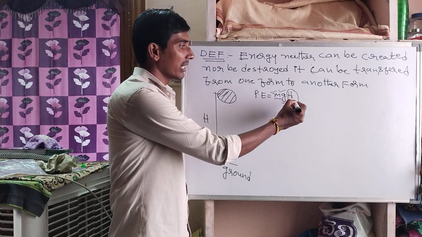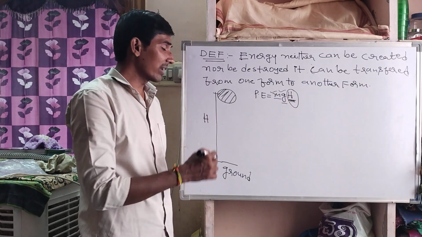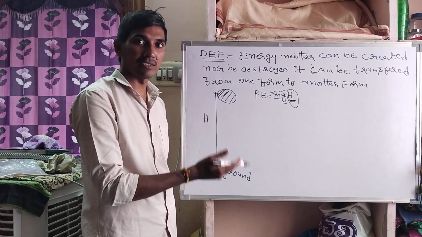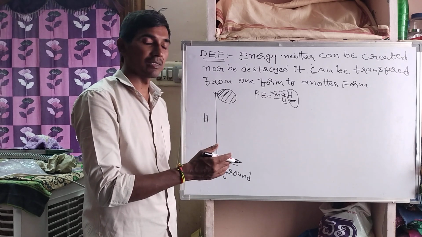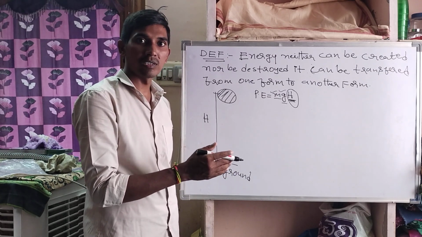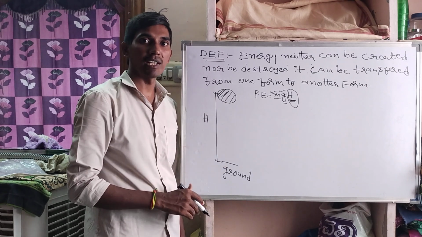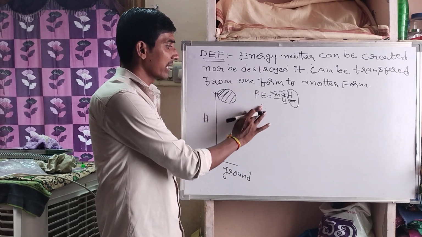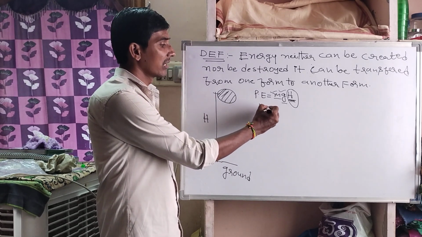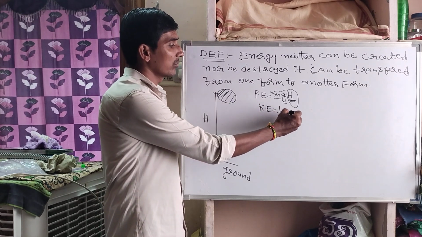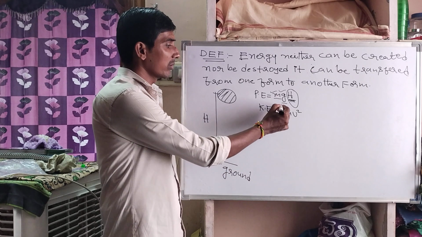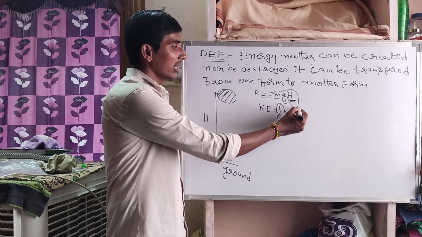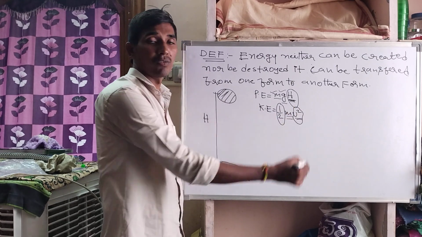So we can write the potential energy equation at some height. And kinetic energy: we can write the kinetic energy equation as 1/2 mv². Here 1/2 is a numerical number and m means mass. The only changing parameter is the velocity of the object.